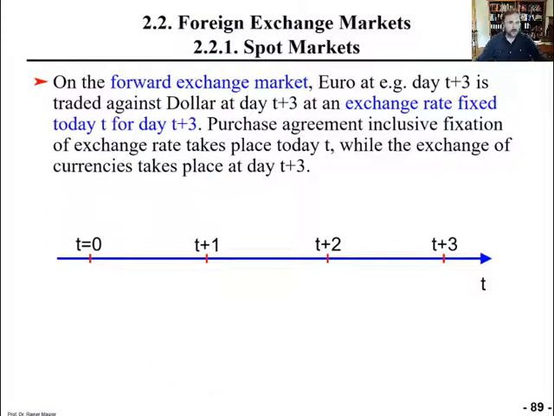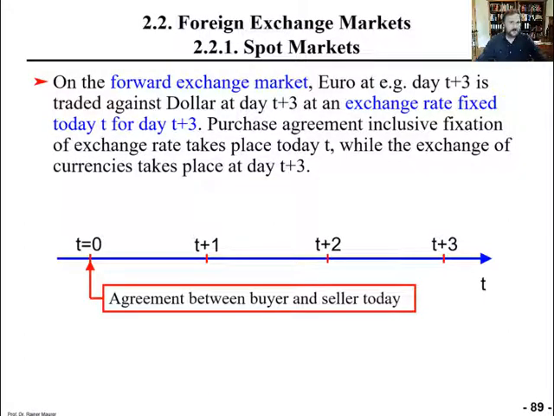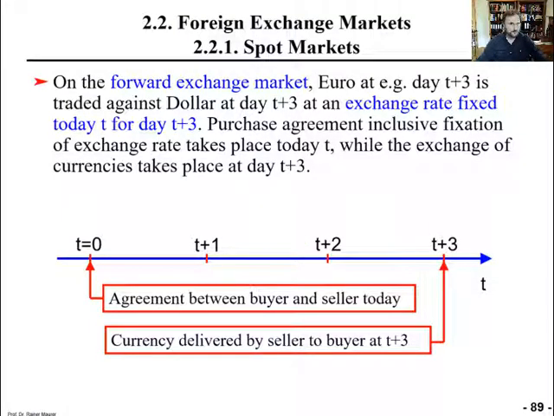So the purchase agreement, inclusive of a fixation of the exchange rate, takes place today. But then the exchange of currencies takes place in the future, at day 3 from now. So agreement to exchange and exchange takes place at 2 different points in time. That is what we call the forward exchange market.